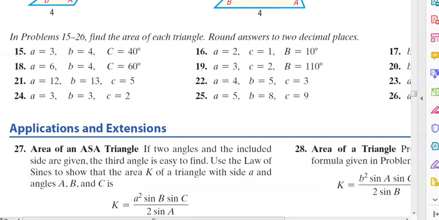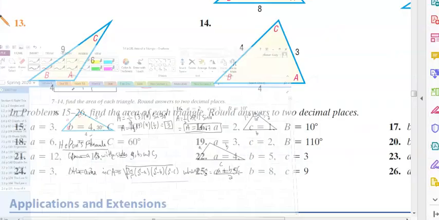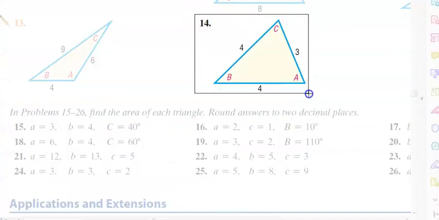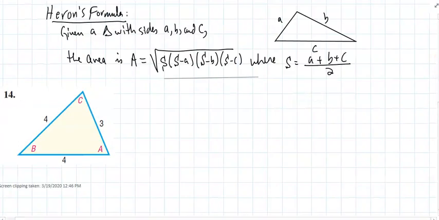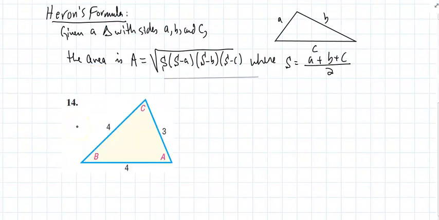And if I pick a problem like number 14, for example, if I find S, which is almost the average, that is 4 plus 4 plus 3, all divided by 2, that would be 11 over 2.